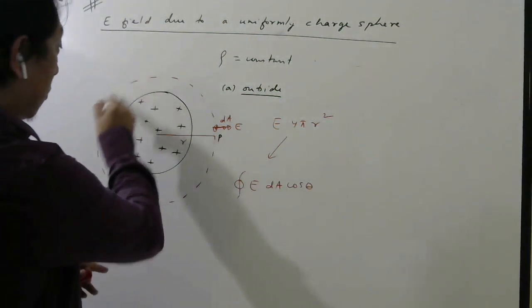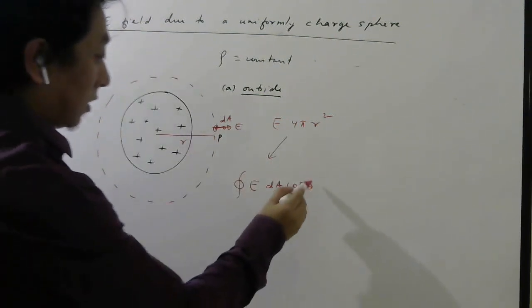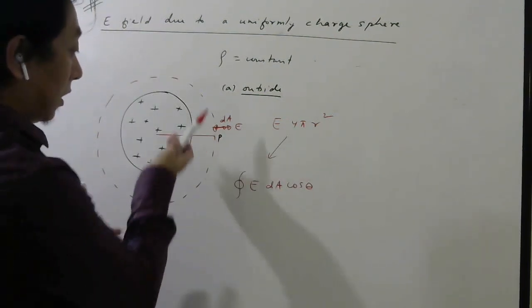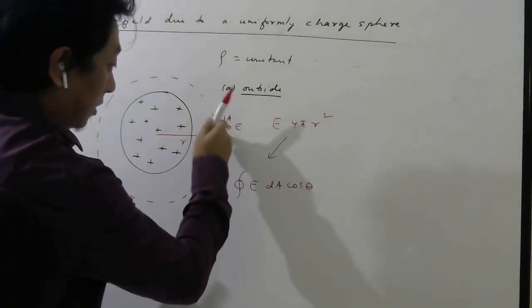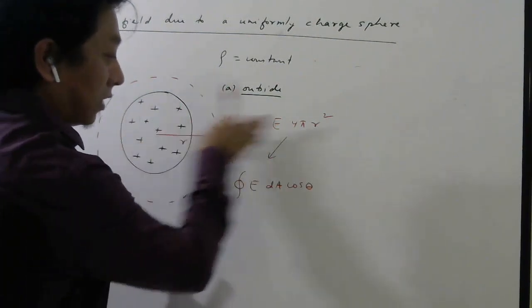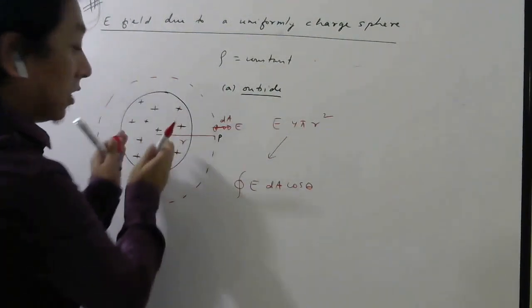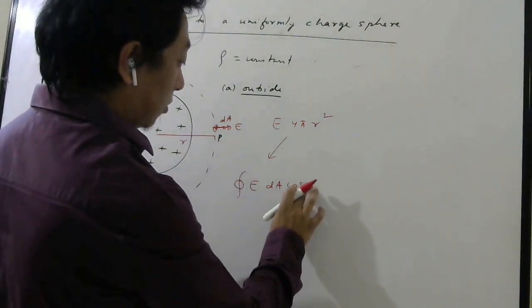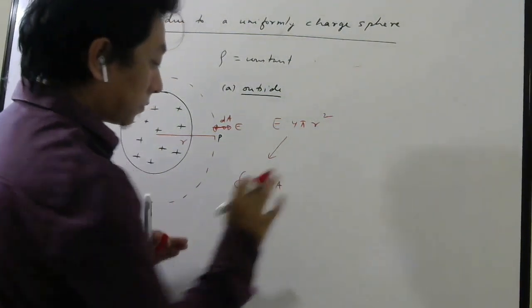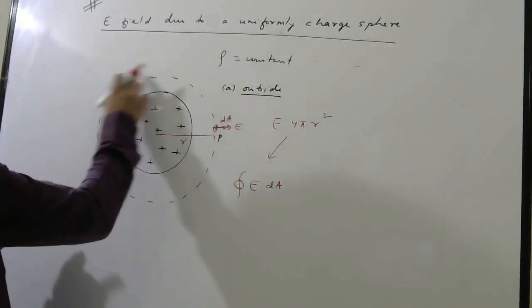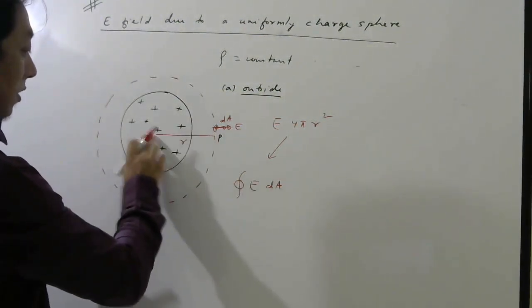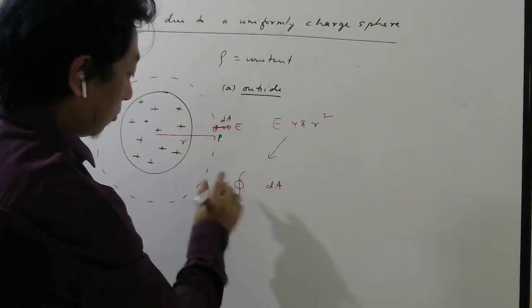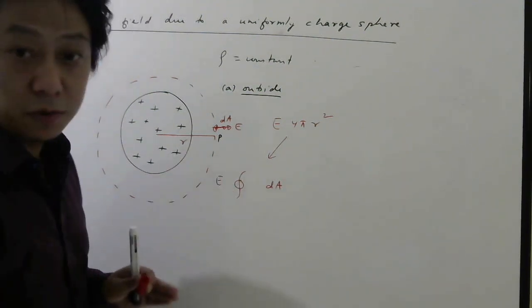Now everywhere for this surface, theta will be 0 because area vector will be perpendicular to this surface. Electric field is radially outwards because it is a spherical charge. So everywhere theta will be 0, so cos 0 will be 1. Then since all these points are at same distance from the center, I can take E magnitude to be constant.